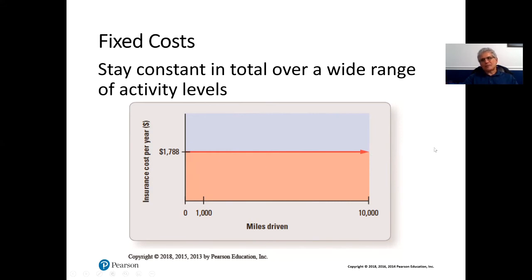I guess if you go up to maybe 15 or 20,000 miles, that may make a difference. But within this range of activity level, you drive it 1 mile, it's going to cost you 1,788. You drive it 10,000 miles, so this is a fixed cost. The activity levels, even though they're going up, those costs will not change. Those are considered to be fixed costs.